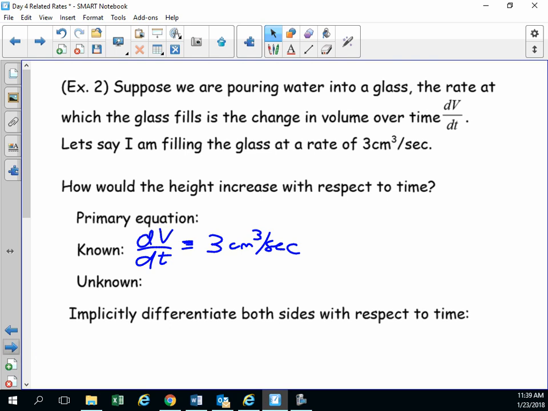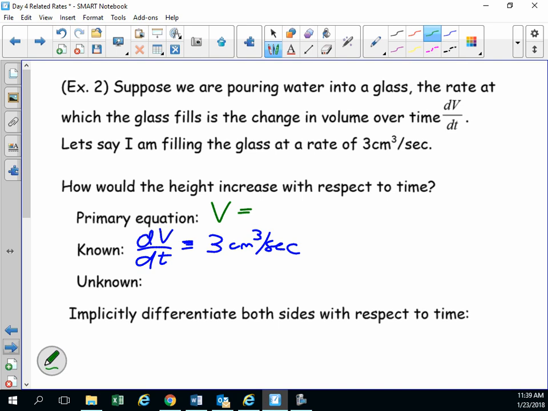I also know what? The equation for a cylinder. Do we know the equation for a cylinder? No. I have a question. How do you find any volume formula? Length times width times height. Do you know where length times width comes from? The area of the base. So it's the base times the height.